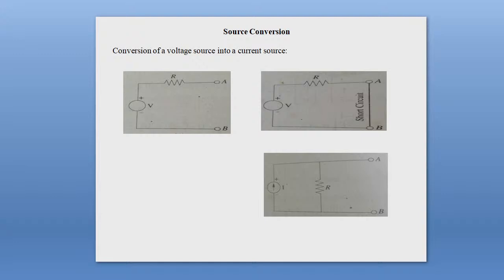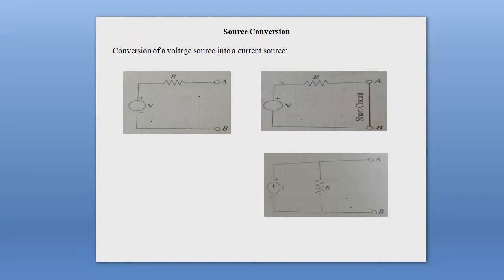After getting the current, you can design the equivalent current source of the given voltage source by connecting the same resistance of this voltage source in parallel with the current source. This is the approach to convert a voltage source into a current source.